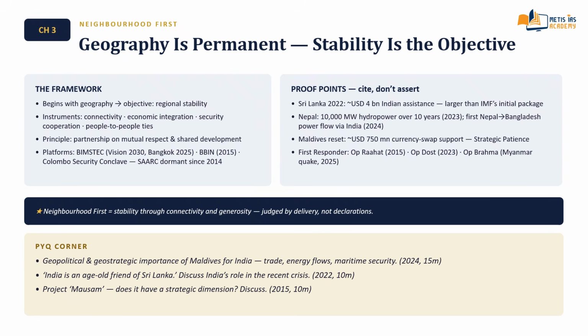These are the questions. With this conceptual foundation in place, we can now begin the first substantive pillar of India's foreign policy, that is India and its neighborhood. Because in international relations, geography is permanent.